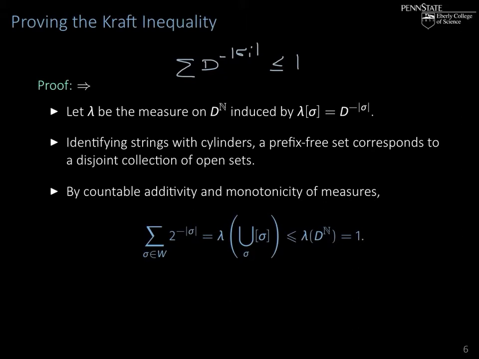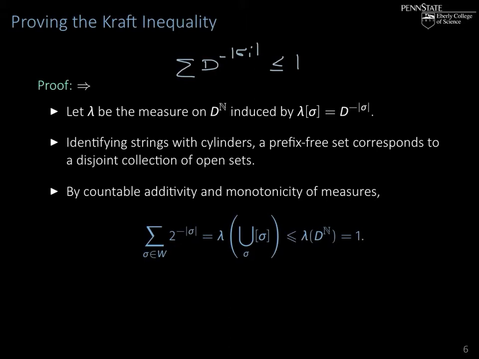How do we do that? Well, we just argue measure theoretically. So let lambda be the measure on the space of infinite sequences over D, induced by setting the measure of the cylinder set induced by sigma as D to the minus the length of sigma.